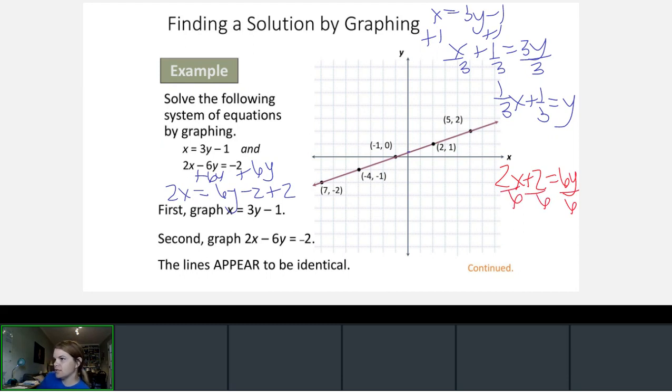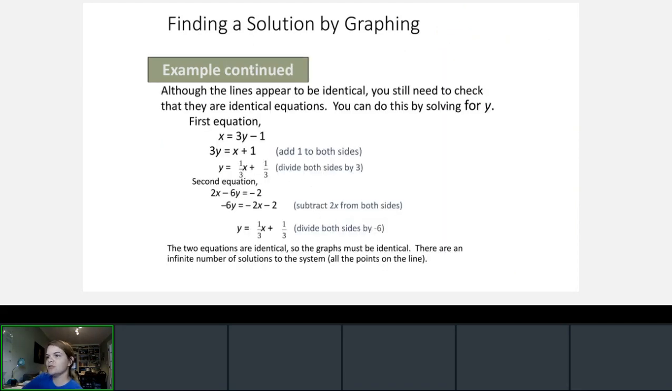And again, 2/6 simplifies to 1/3. So I get 1/3 x plus 1/3 equals y. That is the exact same line. So since our system is 2 of the same line, that means every single point on this line is a solution. So therefore, this would have infinitely many solutions. Here's that work shown again.